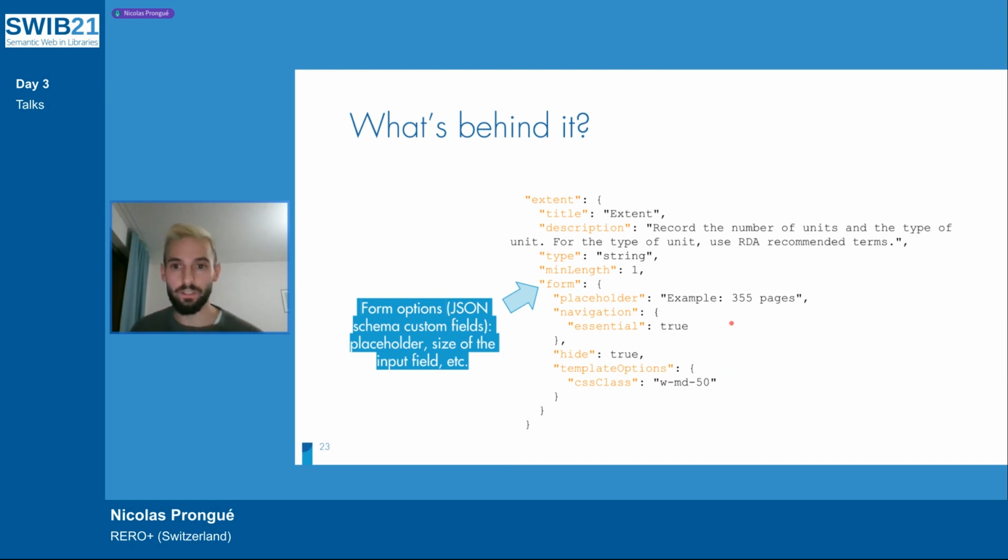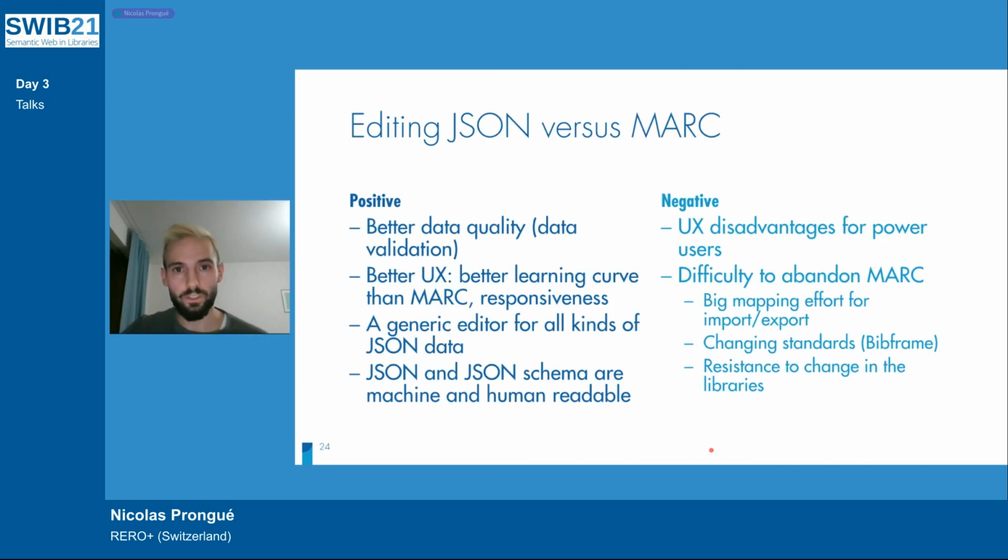I think as a librarian, this is an advantage of JSON schema to generate an editor, because I can read it. It's human readable, not only machine readable. So this is one of the positive points. The other is the better UX in comparison to MARC, at least for the learning curve.